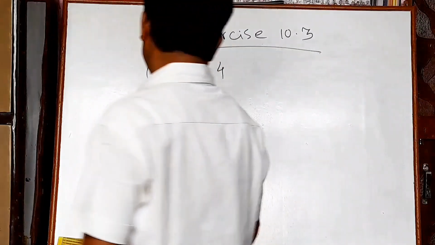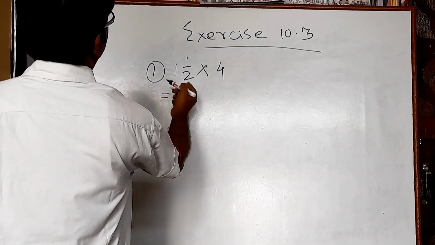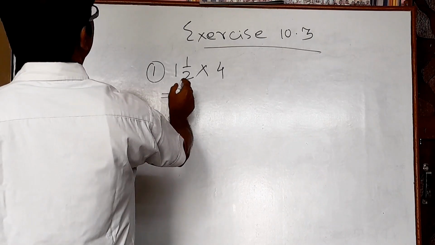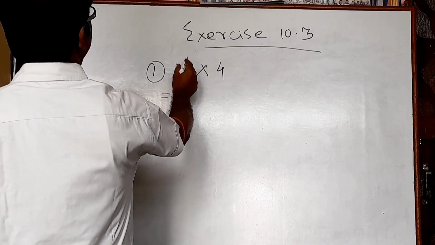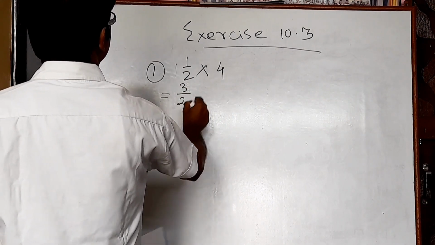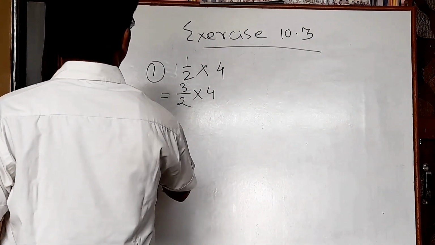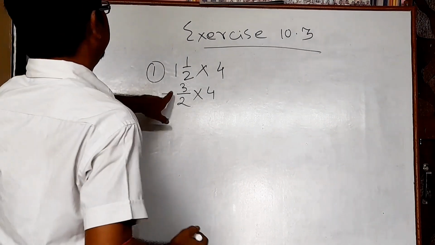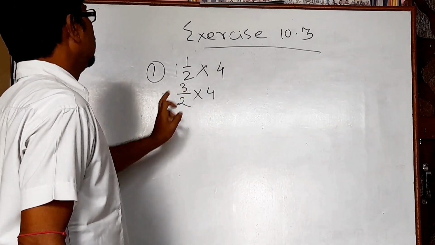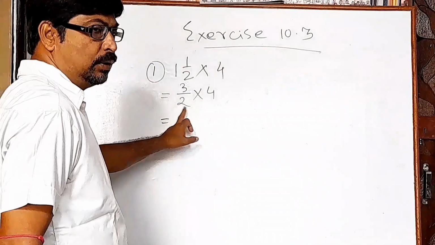Okay. So how to convert into improper fraction? You know very well. 2 ones are 2 and plus 1 is 3. So it will be 3 by 2 multiplied by 4. See here, every time numerator will be multiplied with the numerator and denominator will be multiplied with the denominator.